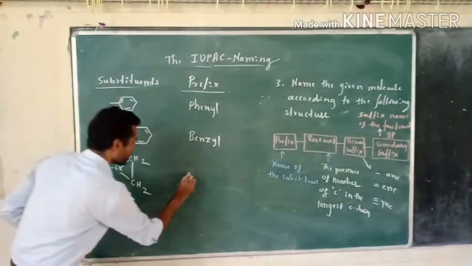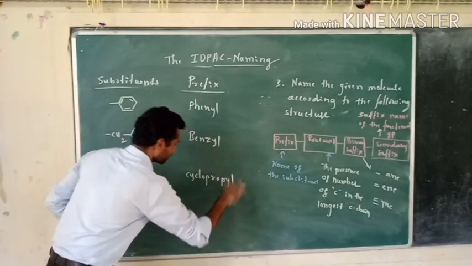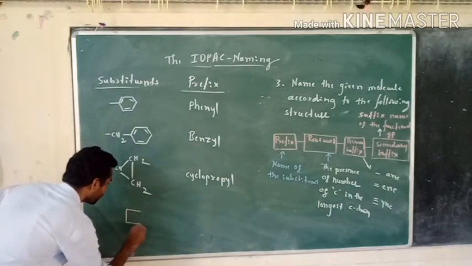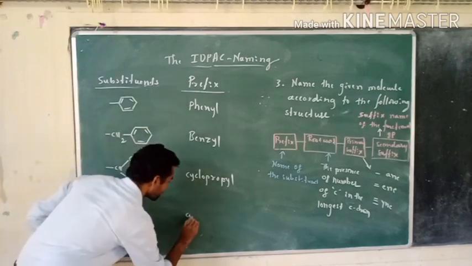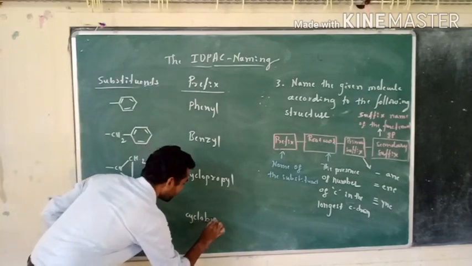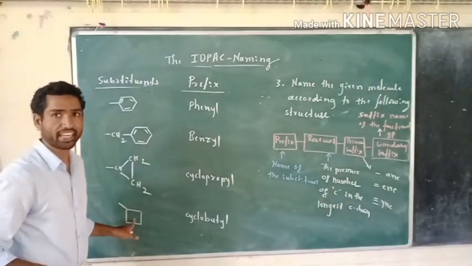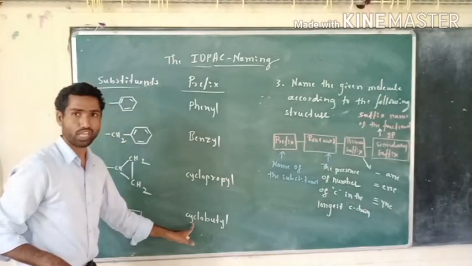So we have to use cyclopropyl. Similarly, if there is a butyl group, then we have to use cyclobutyl. There are 4 carbons in this ring, therefore butyl. So this is a cyclic substituent, therefore cyclobutyl we have to use.